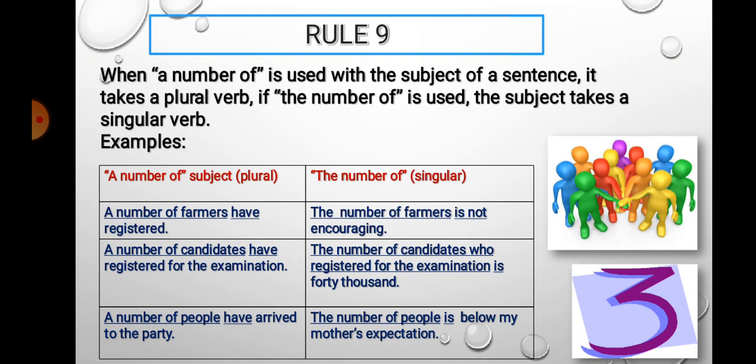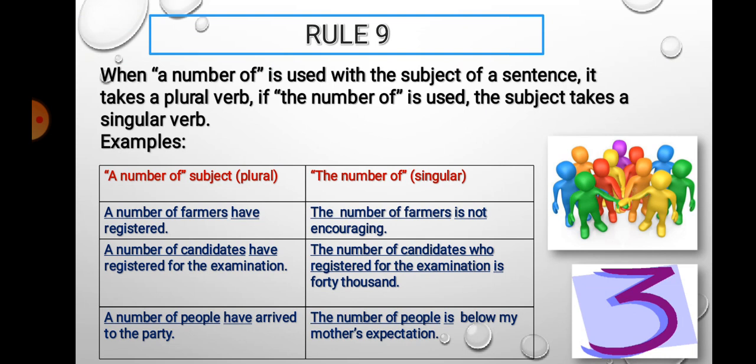Compared to the number of candidates who registered for the examination is 40,000. Finally, we have a number of people have arrived to the party. As against the number of people is below my mother's expectation.